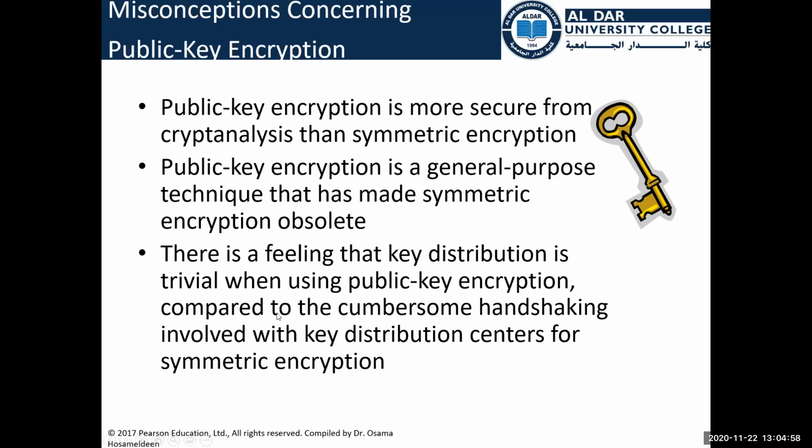And of course, we know that symmetric key encryption needs some center or organization for distributing the key, and this makes the key distribution in symmetric key encryption obsolete, really obsolete, because we don't use it anymore.